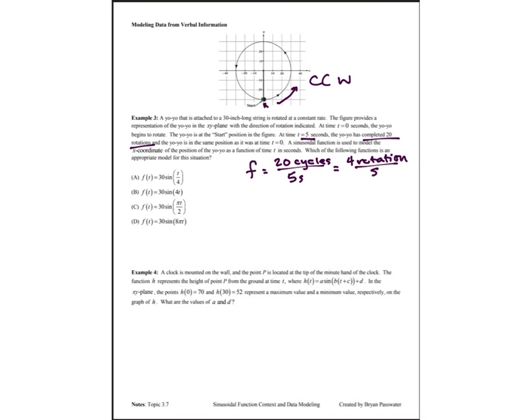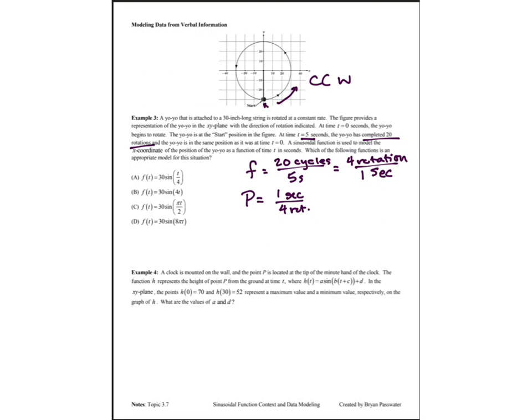So what does that tell me? It's going to be one second for 4 rotations, right? Period and frequency are inversely related. So if I'm reading it as cycles per time, then I flip it to read time per one cycle.